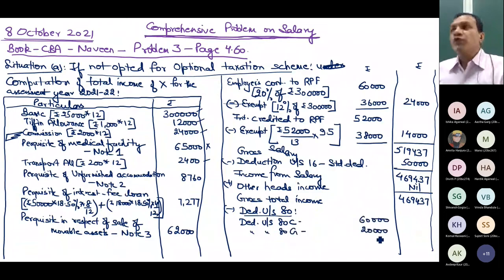20,000. Like in COVID, this PM Cares Fund was established, and donation towards PM Cares was allowed under 80G. Different funds are there: National Defense Fund, National Relief Fund. When you donate, donation is so many times required by the government to deal with these natural calamities.